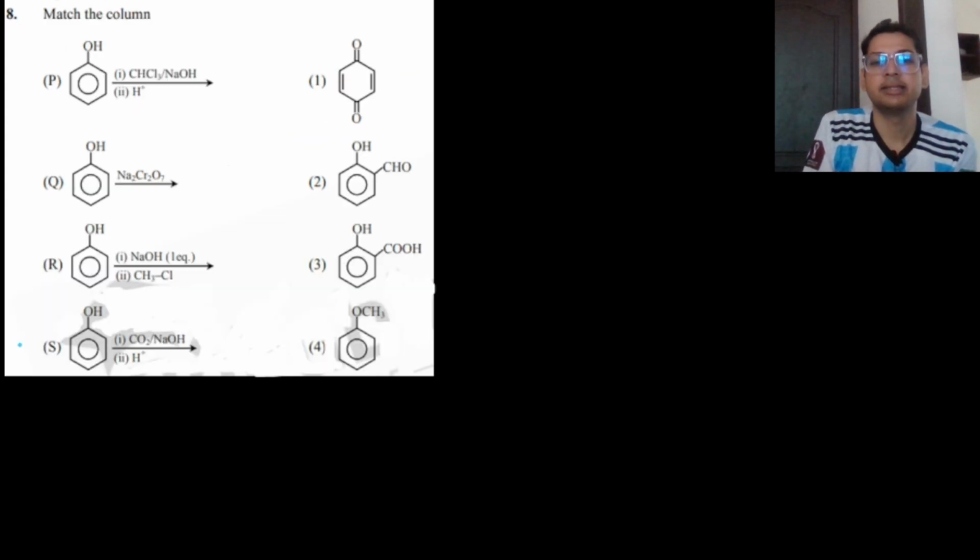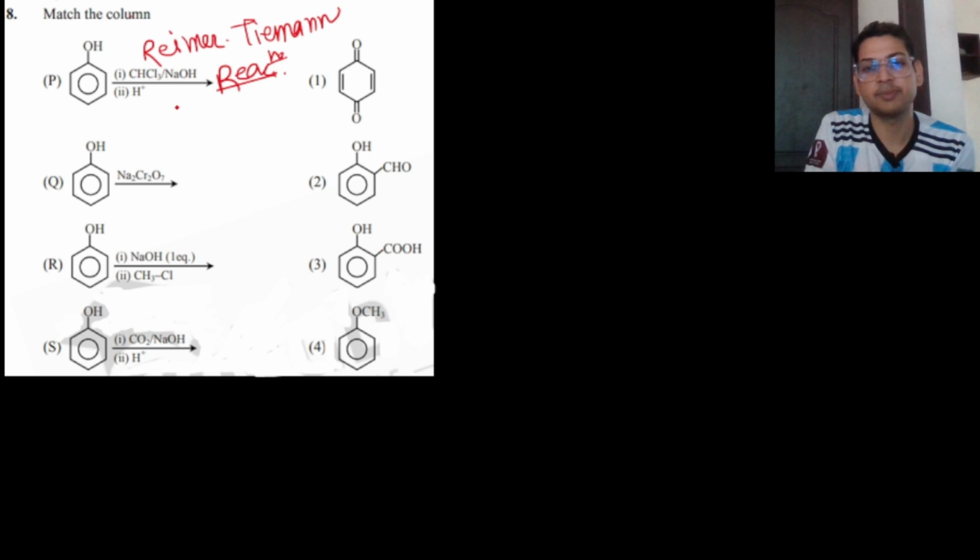Okay. Then this reaction, we have to do. The first thing that comes to my mind is that phenol with chloroform and NaOH is the Reimer-Tiemann reaction. In the Reimer-Tiemann reaction, we get salicylaldehyde. That means from here I can get 2.